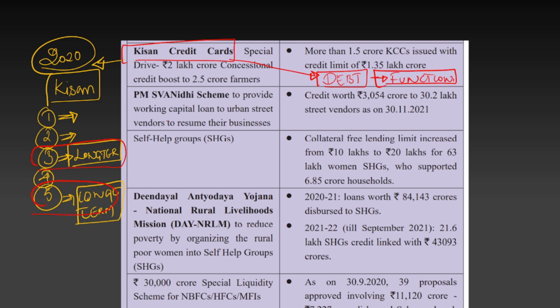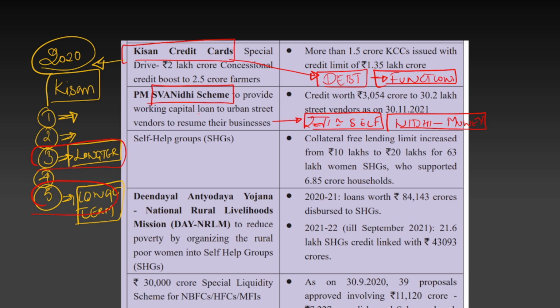And one more scheme which I want you to look at is the Pradhan Mantri, again, PM Swanidhi. Swa means self. Nidhi, everyone knows, is money, credit. So Swanidhi is self.